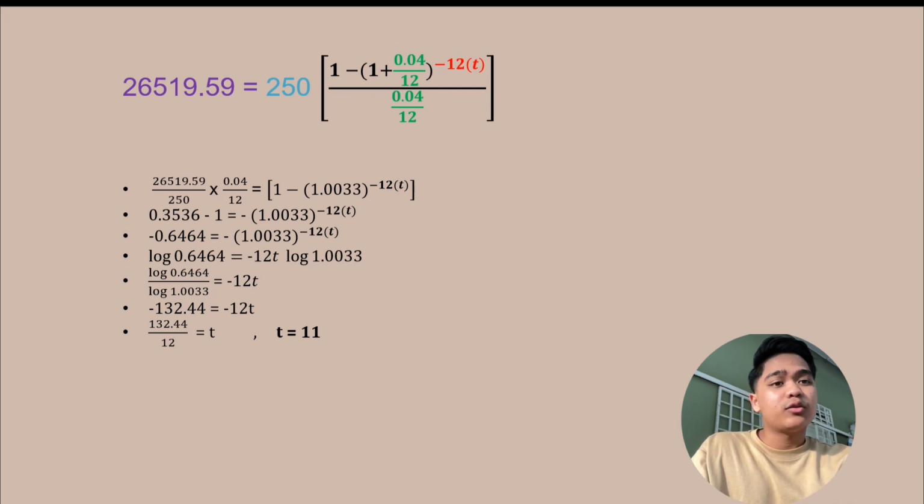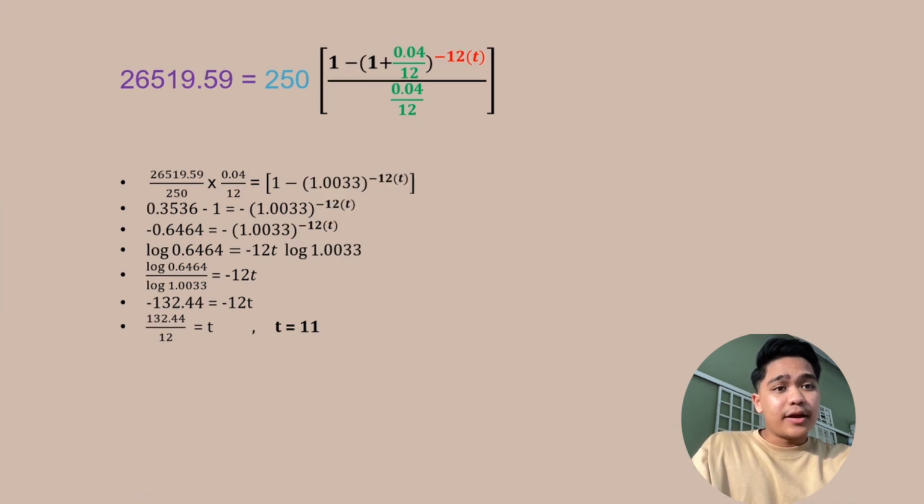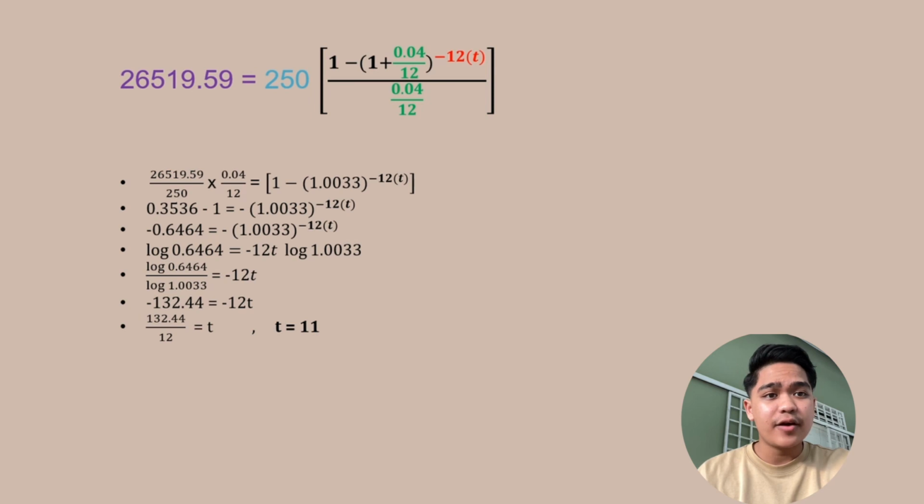26,519.59 equals 250 bracket 1 minus bracket 1 plus 0.04 per 12 bracket power negative 12 t bracket. 26,519.59 per 250 divided by 0.04 per 12 equals open bracket 1 minus open bracket 1.0033 close bracket power negative 12 t close bracket.